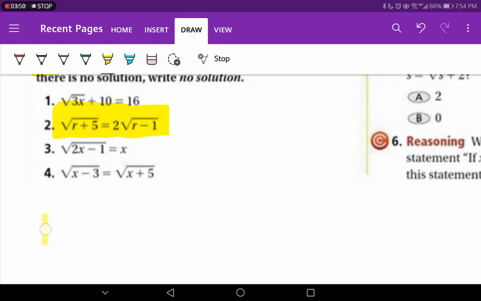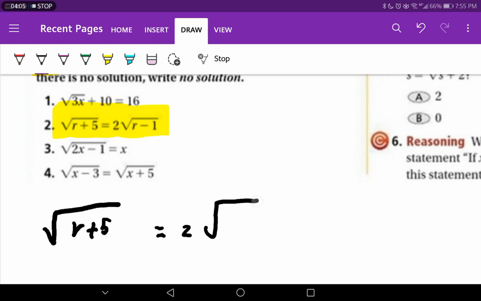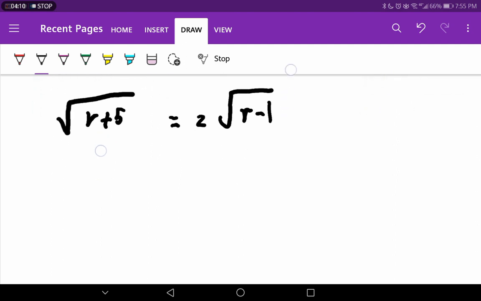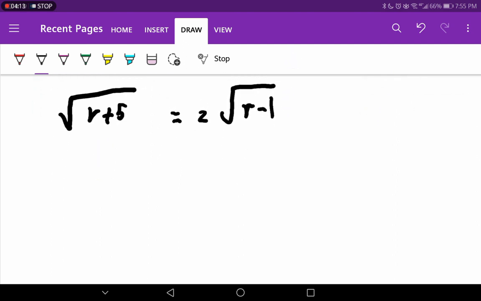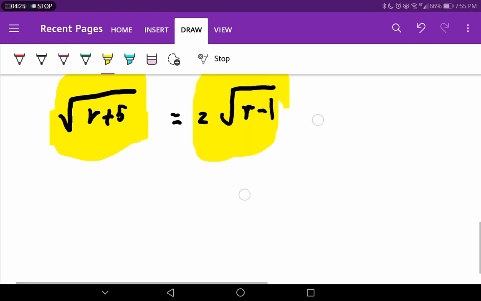It is radical of r plus 5 equal 2 multiplied by radical of r minus 1. See, in this case, I have a radical with nothing around it, and on the right side I also have a radical.